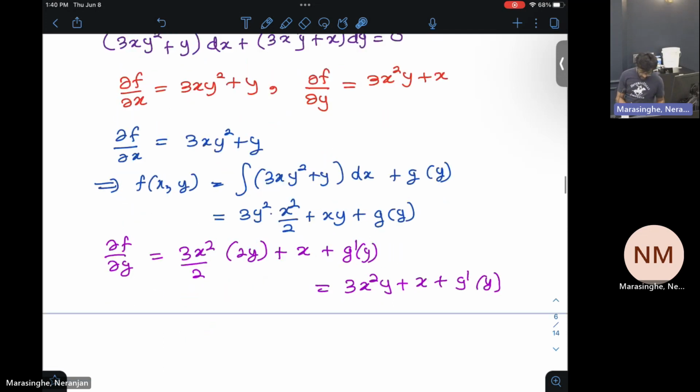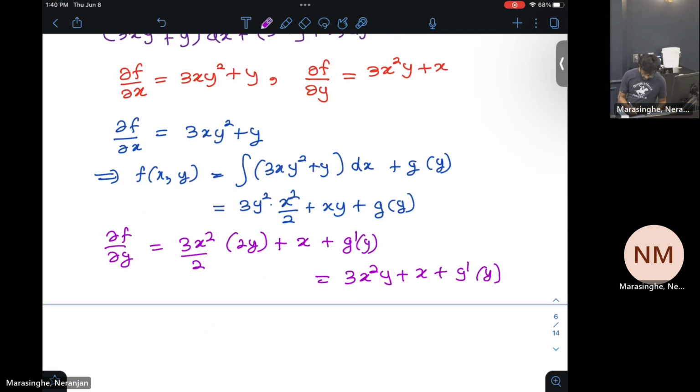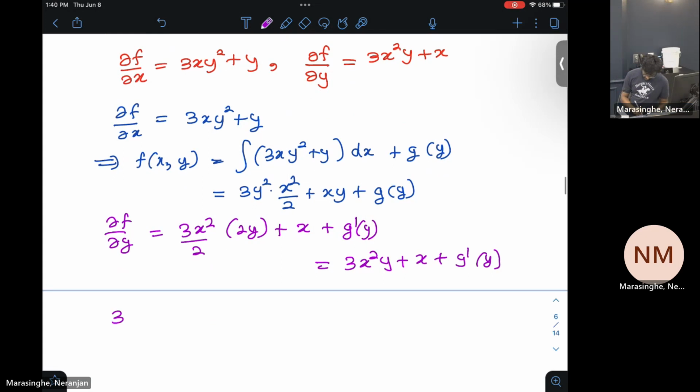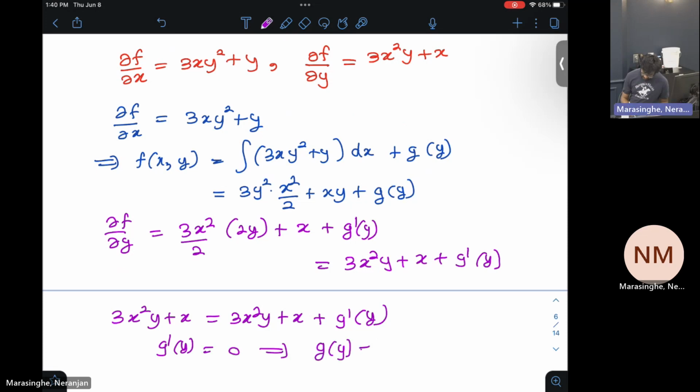So I can compare those two and I would get 3x square y plus x is equal to 3x square y plus x plus g prime of y. So everything would be cancelled and g prime of y would become 0. So g of y is a constant.